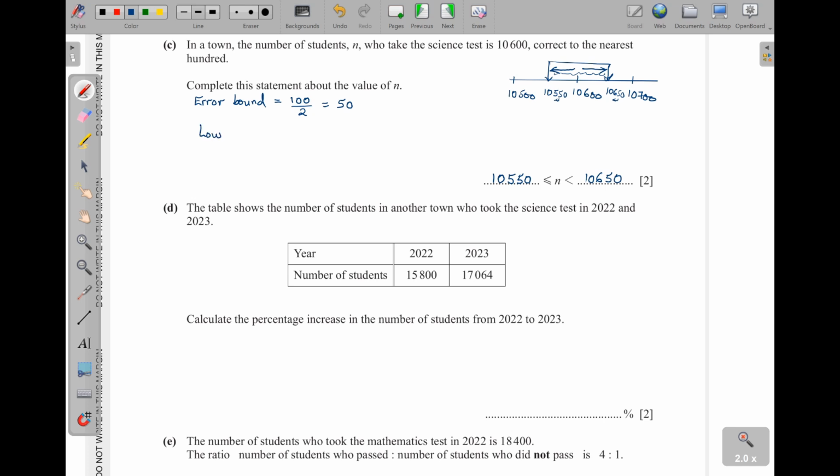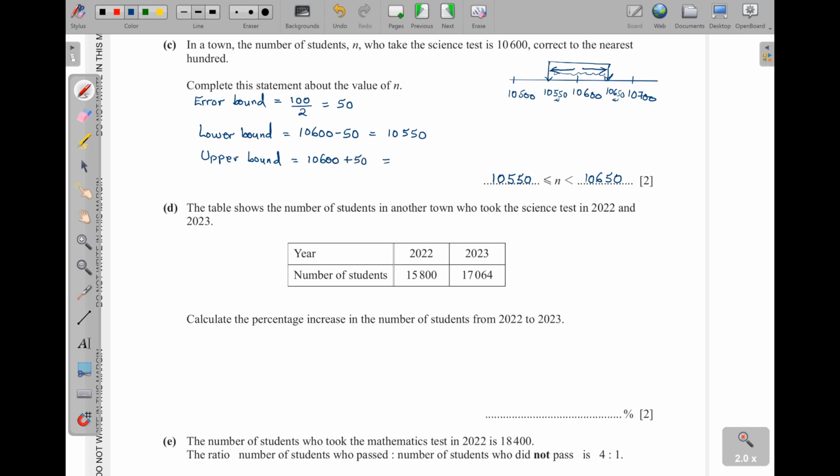Then lower bound. Lower bound will give you 10,600 minus 50, which is 10,550. And then the upper bound is equal to 10,600 plus the 50 here.